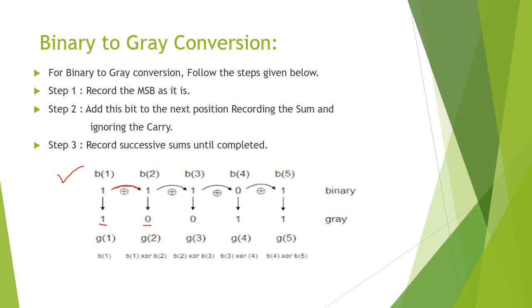Again B2 gets added with B3, so 1 plus 1 sum 0, carry 1 is ignored. Then 1 plus 0, that is B3 plus B4, sum is 1, which is written here, and then B4 plus B5, so 0 plus 1 becomes 1. So this is how we can convert binary to gray.